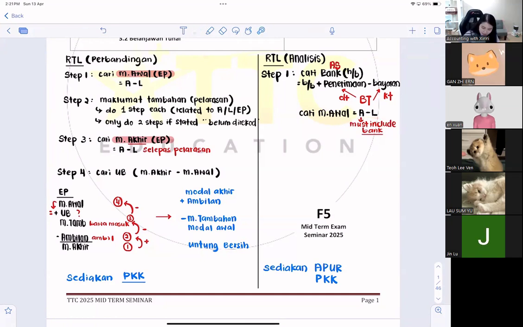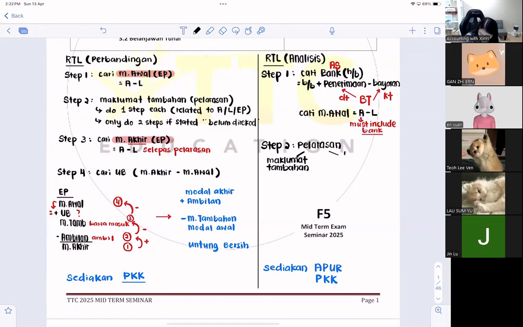Okay, yeah? Now, after step 1, step 2 will be pelarasan. So the pelarasan that we're talking about here, right, is the same as what you do in kaedah perbandingan, but mostly covers 2 steps, okay? But you need to make sure it comes from 2 places. Number 1 is the standard maklumat tambahan. Of course, you will have to do that, maklumat tambahan.